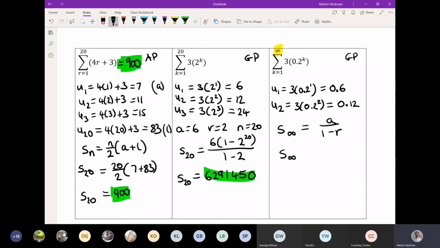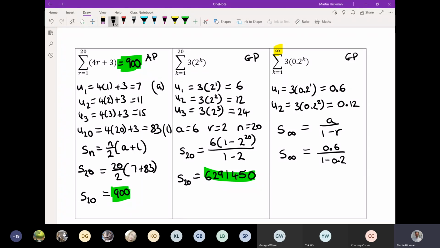And we simply plug in A, which is our first term. The first term is just U1, that's 0.6. And then the common difference, sorry, the common ratio is going to be 0.2. So we do 1 minus 0.2 because every time we multiply by 0.2 to get the next term.